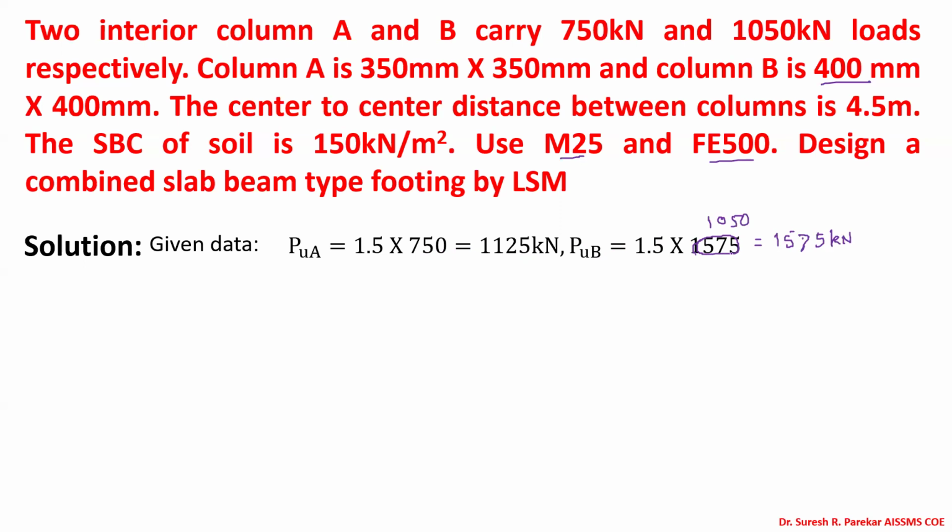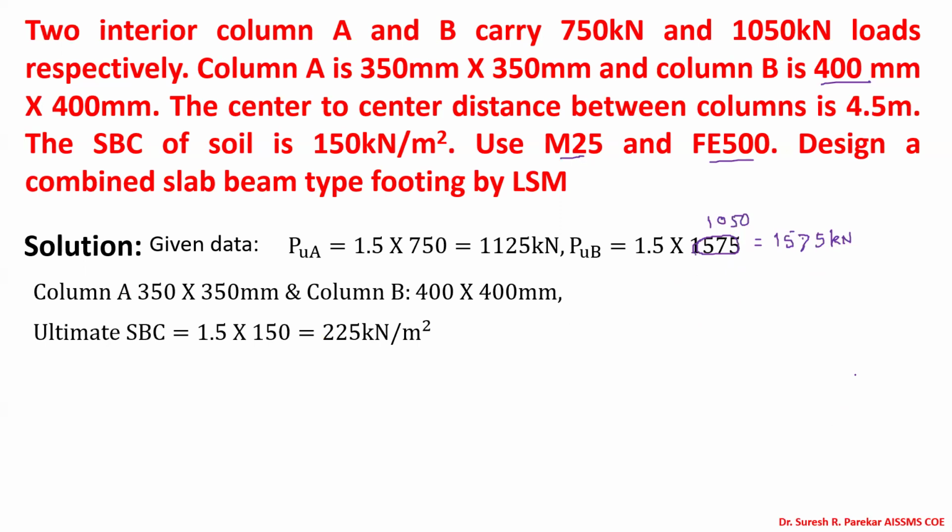In class we have already seen this, but I forgot to correct it. We have 350 by 350 mm column A and 400 by 400 mm column B. SBC is given as 150, so 1.5 into 150 gives 225 kilonewton per meter square.